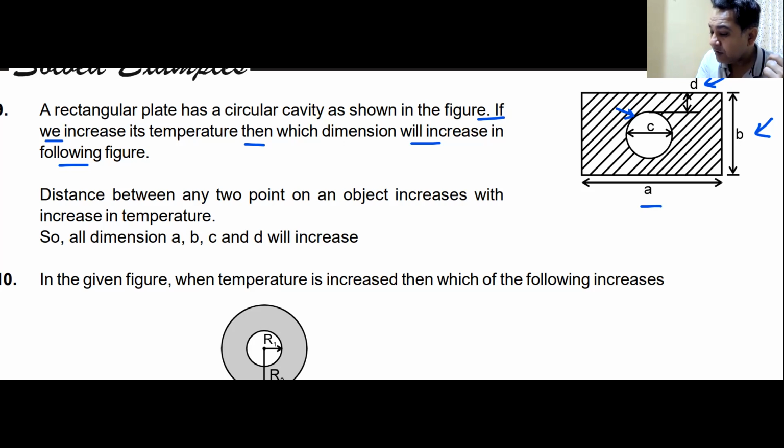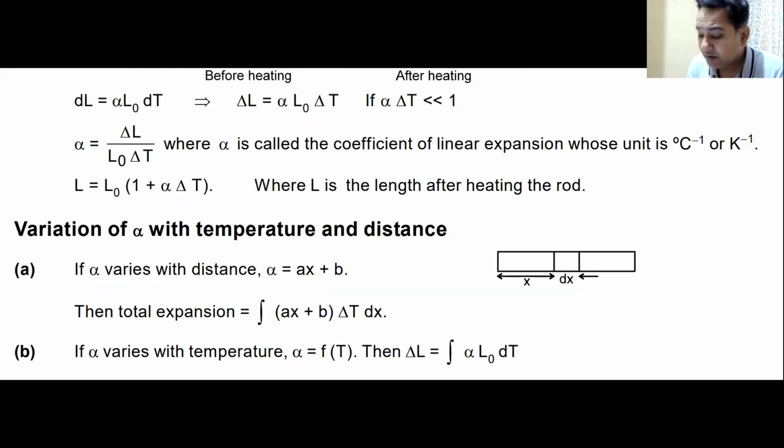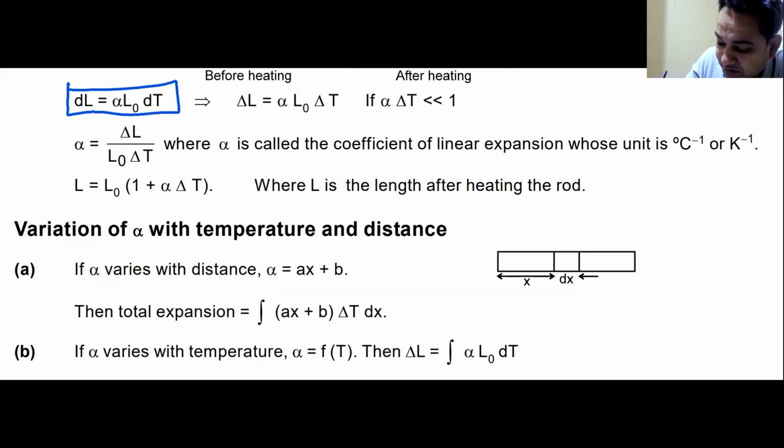Now, before we go on to any question in linear expansion, as I told you, you might find a question where your alpha varies. We had seen this equation, dl is alpha L naught d theta, or here they have used dt.